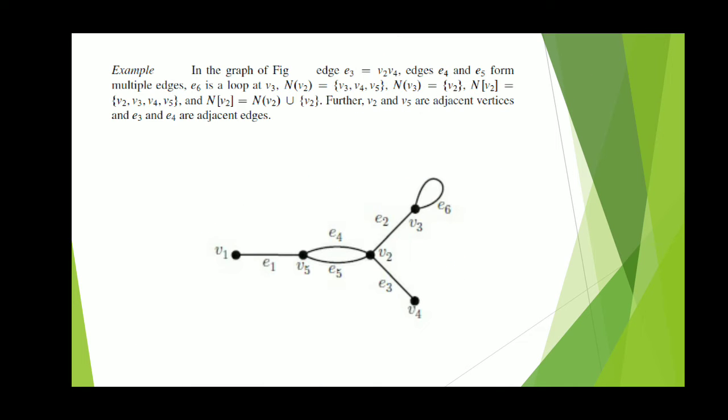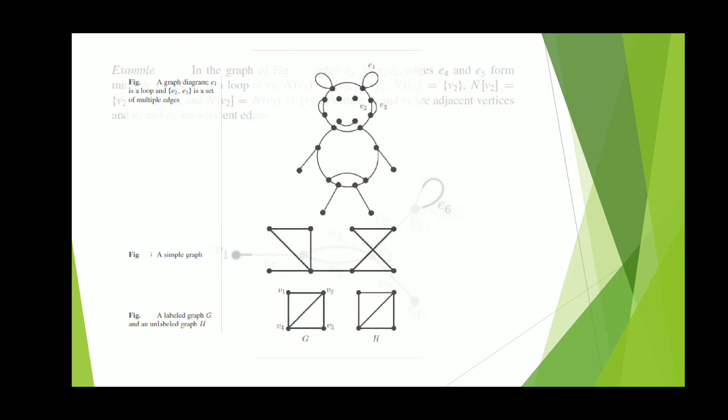In that example, it is not a simple graph because it has multiple edges and loops. These are other examples. In the first diagram, E1 is a loop and E2 and E3 are a set of multiple edges. The second graph is a simple graph because it has no parallel edges and loops.